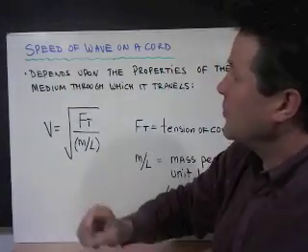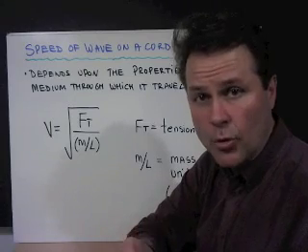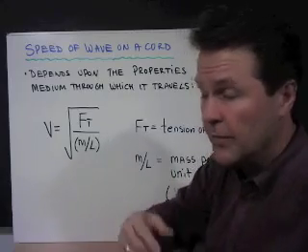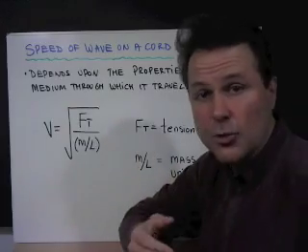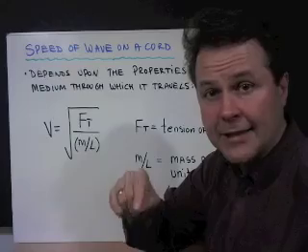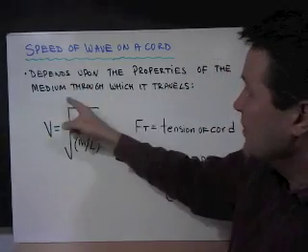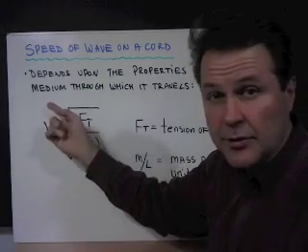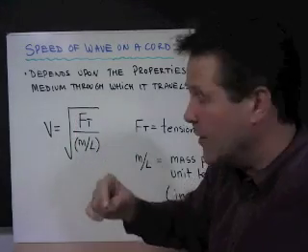Now, if we look at the wave speed on a specific material like a cord, or a slinky would constitute a cord, a very loose cord, but a rope or anything like that, or say a string of a musical instrument, like a violin or the string inside a piano. The speed depends on the properties of the medium through which it's traveling. So in the case of a musical instrument, it would be the string itself.